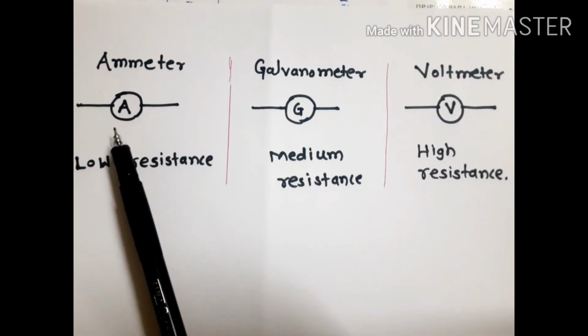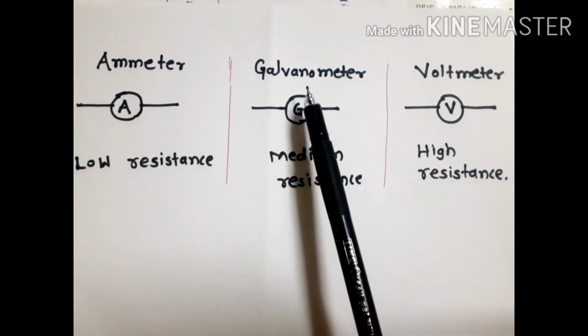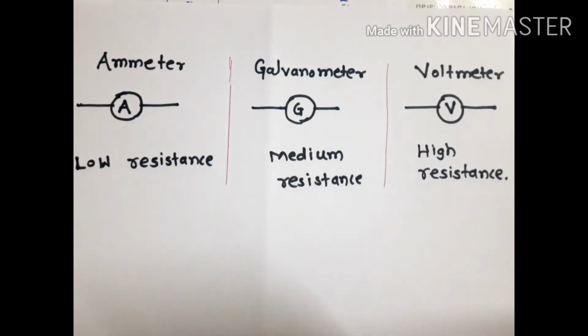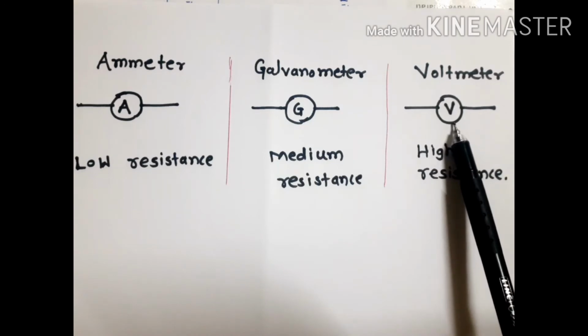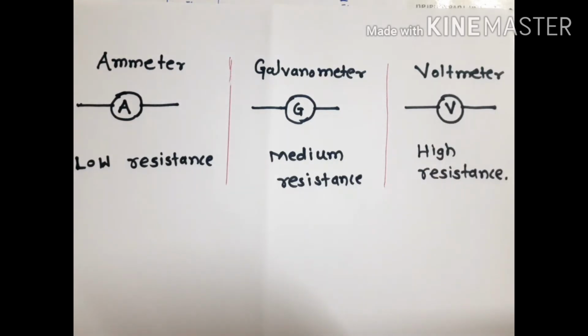This is the symbol for a galvanometer, a device used to detect or measure electric current. And the last one, V for voltmeter. We know that a voltmeter is a device useful for measuring the potential difference across any two points in the circuit.